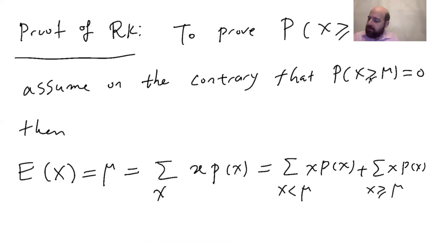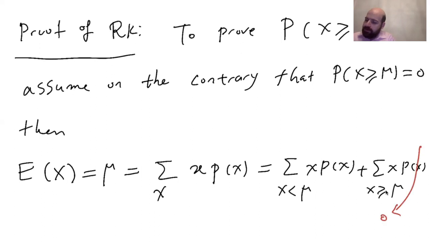Therefore, every term that you see in this sum is 0, because remember, the notation small p of x means the probability of capital X equals small x. So small p of x is 0 for every small x bigger than or equal to mu. So every term here in this sum is 0.